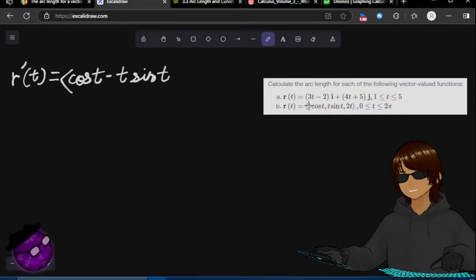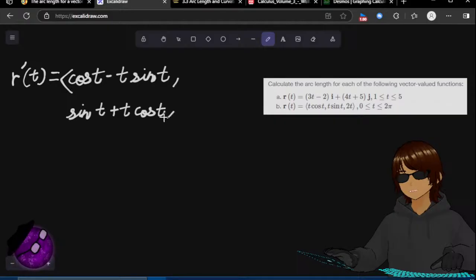Derivative of the first times the second plus the first times the derivative of the second. So this is correct. And then for the second one, derivative of the first times the second plus the first times the derivative of the second, and then it's just 2.